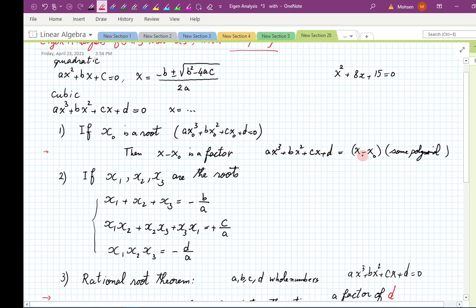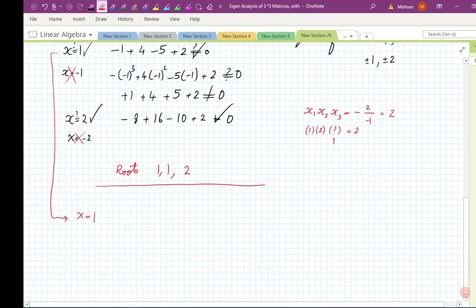If you have a factor, well, then you know the next polynomial, and that one will be easier to solve than the original. So what do I do? So restarting. Suppose all I know is that x equal to 1 is a root. This means x minus 1 is a factor. Factor of what? Factor of the polynomial we had. What was it? Minus x cubed plus 4x squared minus 5x plus 2.